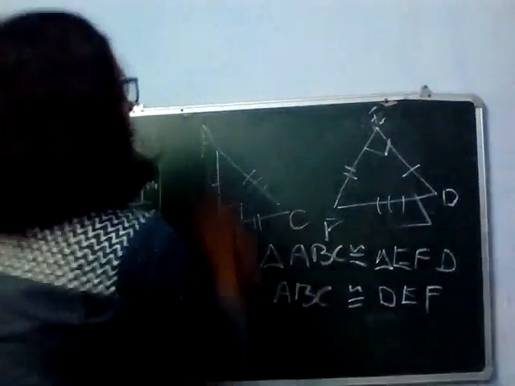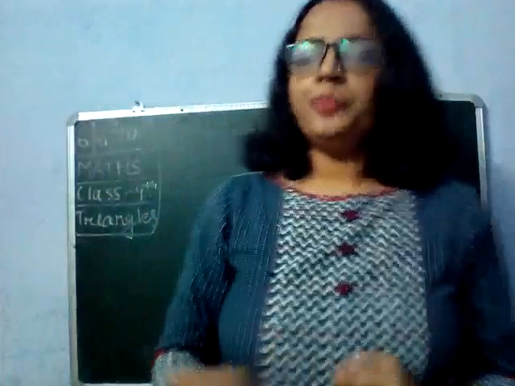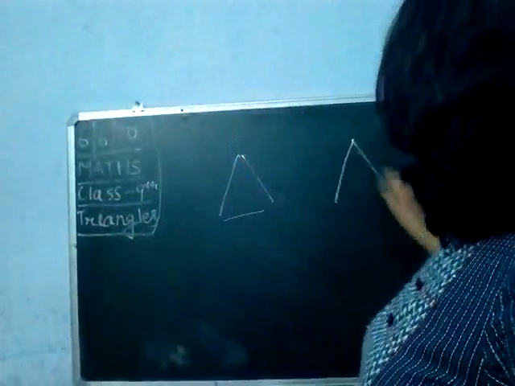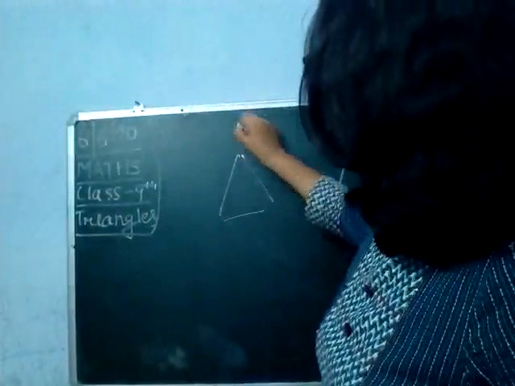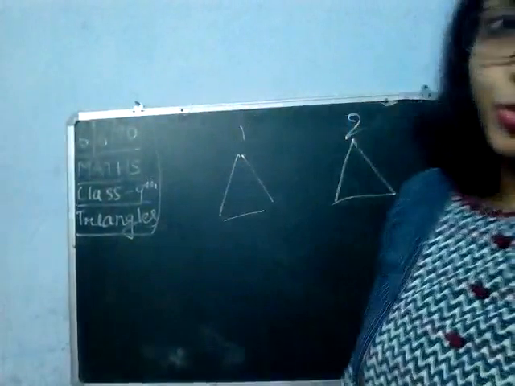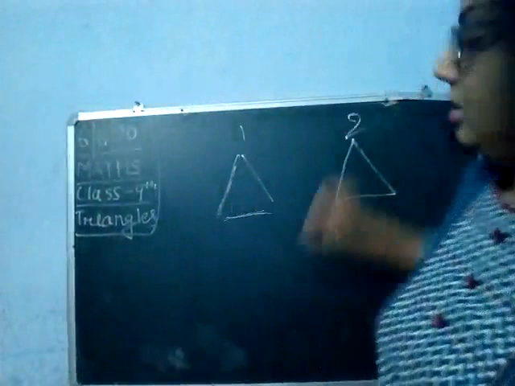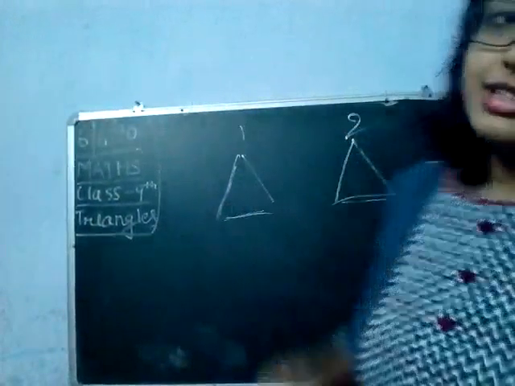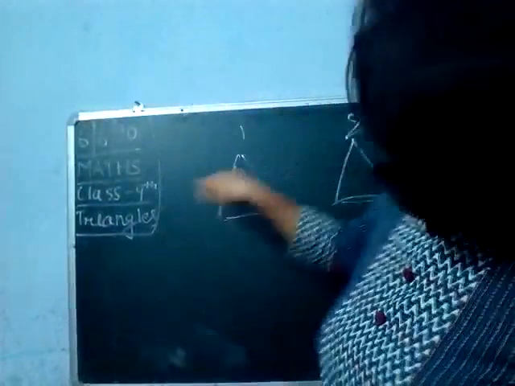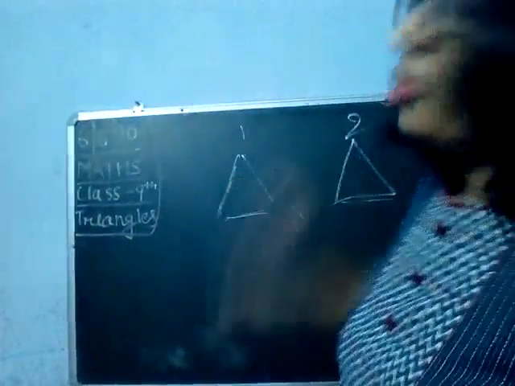So if it is mentioned that triangle 1 is congruent to triangle 2, then automatically the sides are congruent, and there is no need to mention that the three sides are equal.